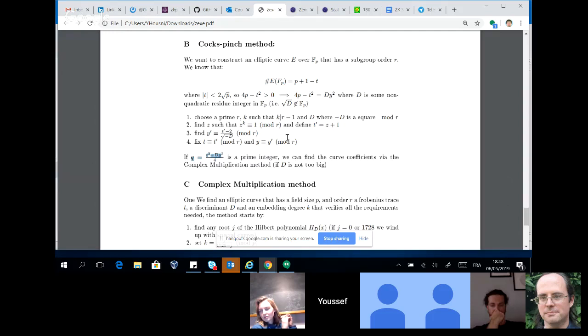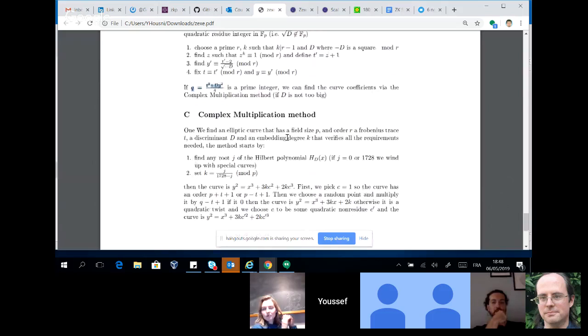But then, what is the actual elliptic curve? How can you write it? What are the coefficients of this elliptic curve? If we're talking about a short Weierstrass elliptic curve, what are A and B? So we need what we call the complex multiplication method.